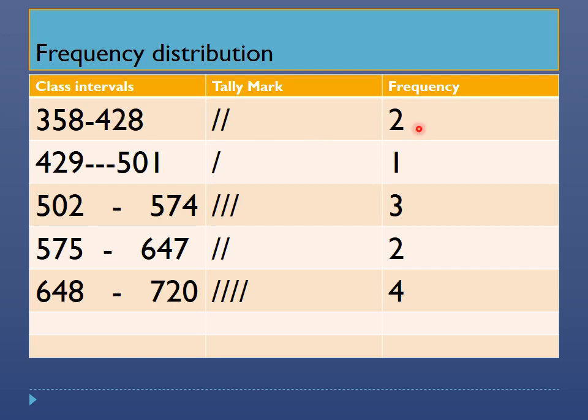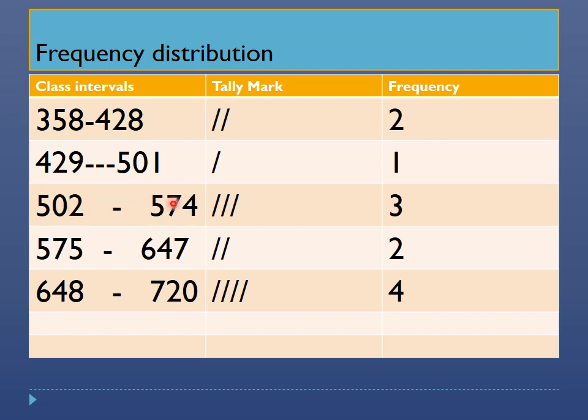Frequency. Frequency means, according to our given data, how many values fall within an interval. Between 358 to 428, our values are 2. 429 to 501, values 1.